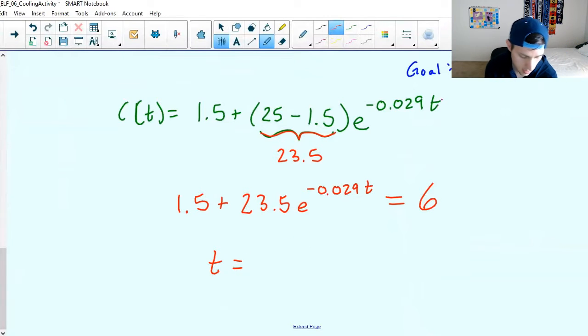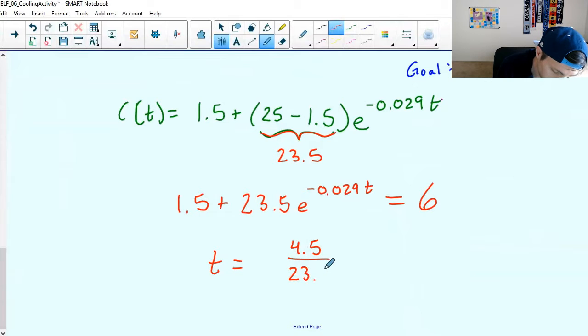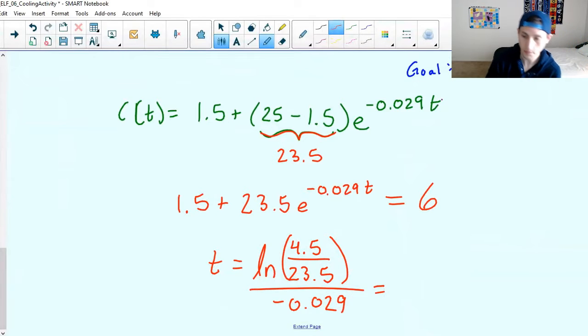So we would take 6, subtract 1.5, so 4.5, divide by 23.5, take the natural log of both sides, and divide by negative 0.029. Let me type this in.